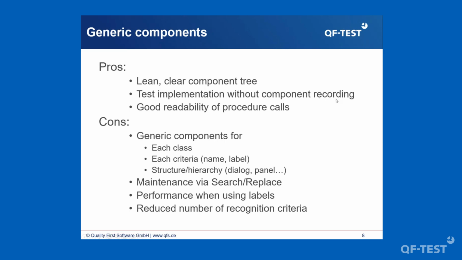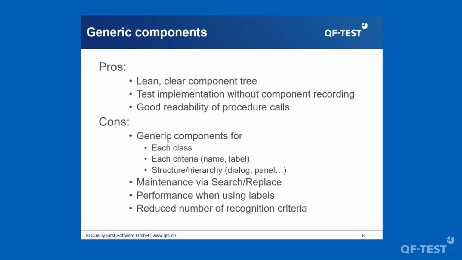It's much nicer when the tester inserts the procedure call and then can have a look at the application and sees that the text field is called surname, for example, and then just type surname as the parameter.